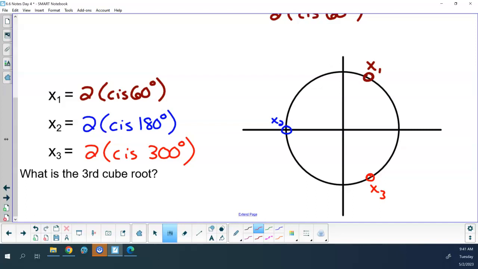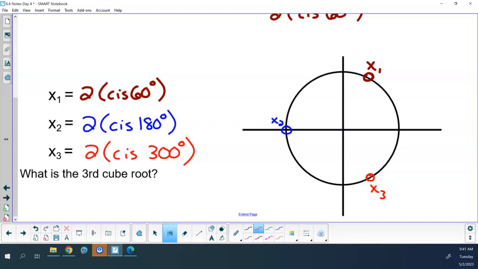What's this gap here? 120, right? What's this gap here? 120. What's this gap right here? 120. And now each of those is broken up into 120, if we keep going counterclockwise. Okay? So that's how we find it.